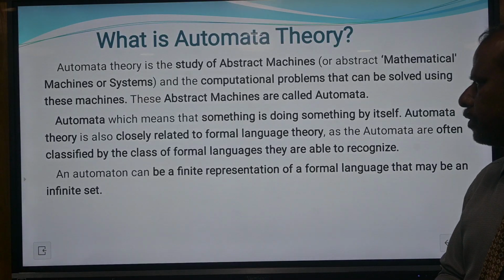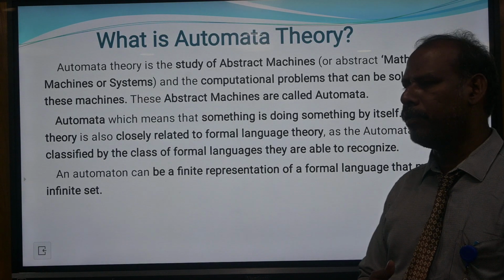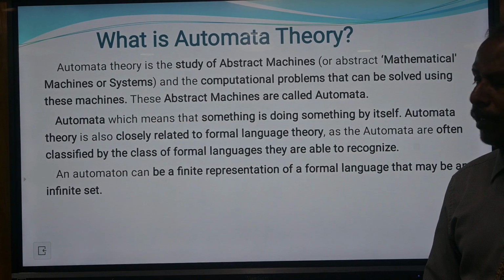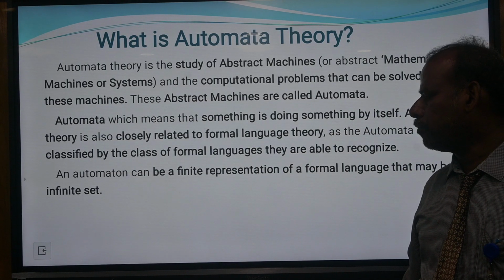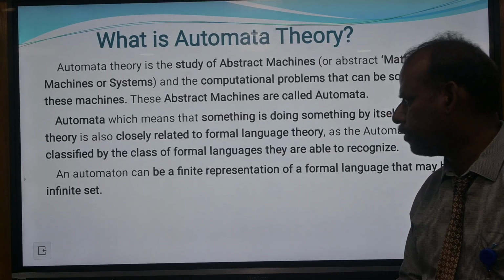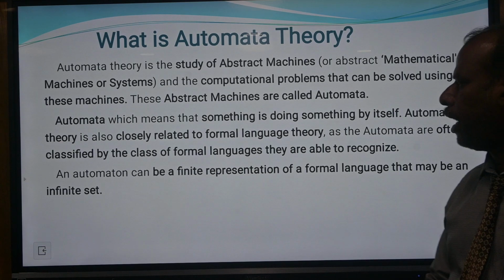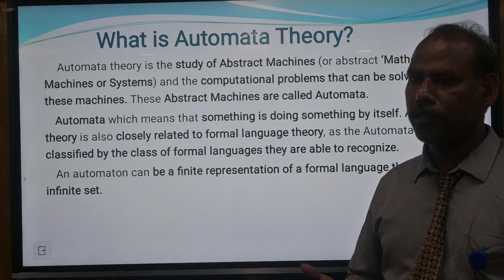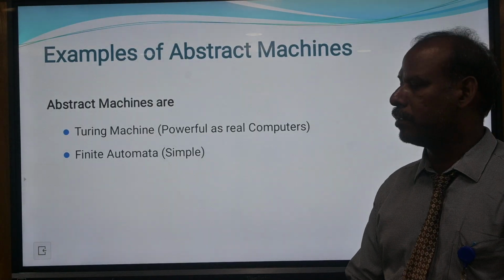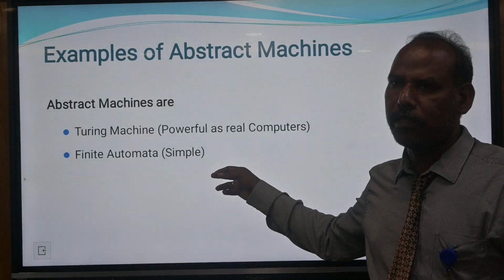It is classified by the class of formal languages they are able to recognize. So here an automaton is a finite, that is countable, representation of a formal language that may be an infinite, that is uncountable, set. Examples of abstract machines are the Turing machine and finite automata.